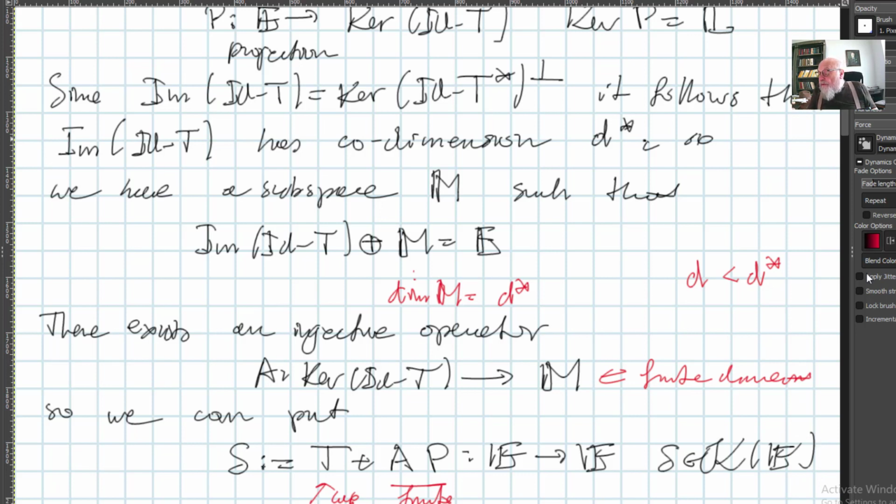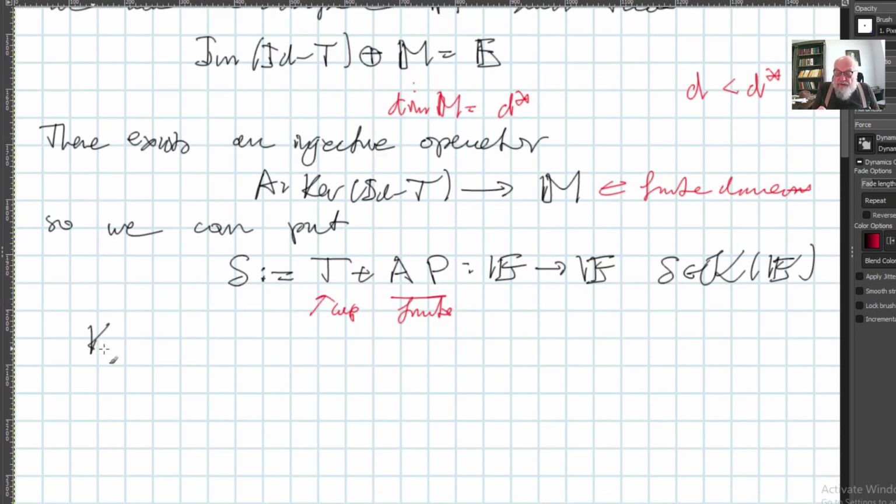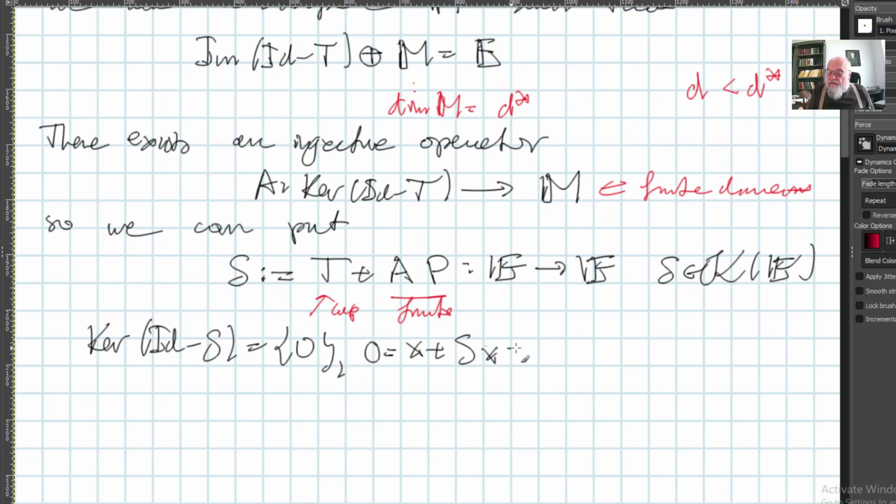And notice also that for this compact operator S, the kernel of identity minus S is equal to 0. Indeed, just check it. Suppose here that x plus Sx is 0.